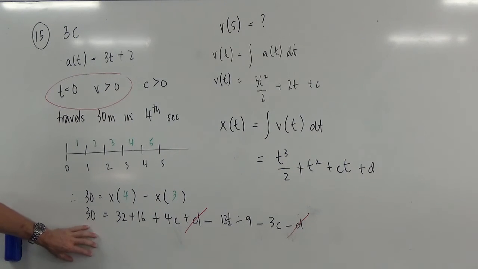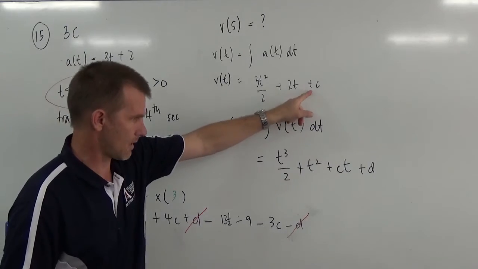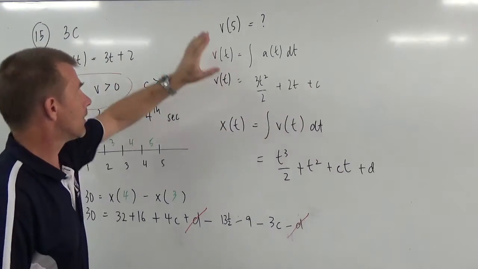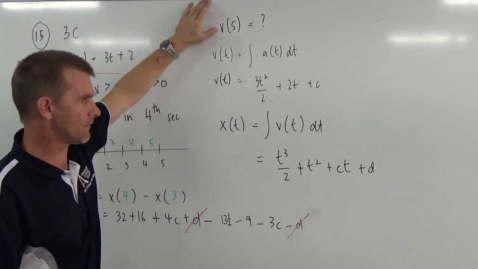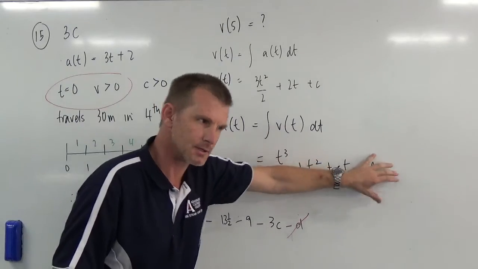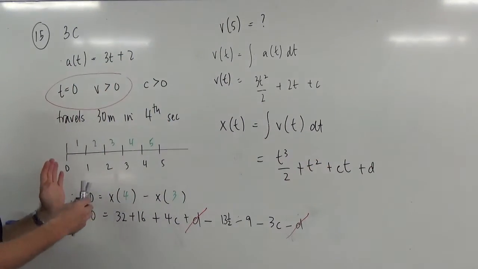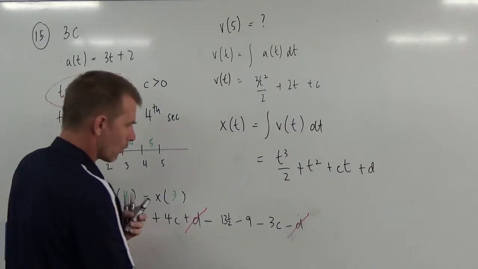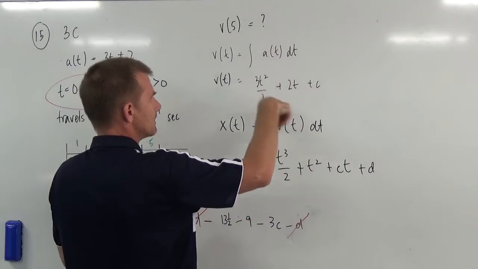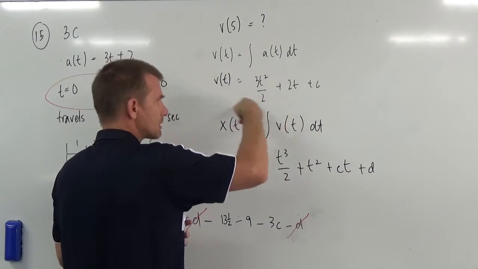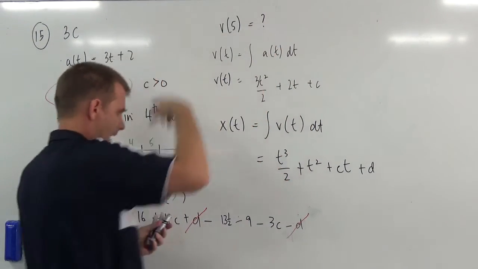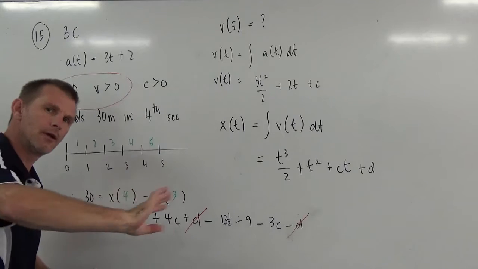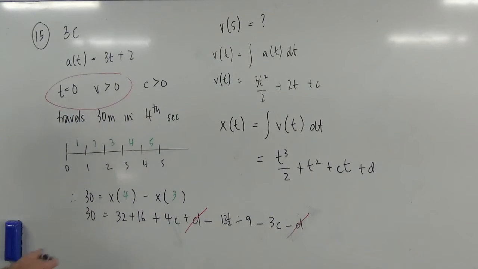So C is going to be some number which must be positive because of what I figured out here. Okay. It only asked me for the velocity at 5, so I don't actually need to work out D. Well, I don't have the information here to do it anyway, but I think working this out will get me C, will get me this equation, and then I'll be able to do that. Let's see how we go. Maybe pause the video, have a crack, and then see if we get the same answer.